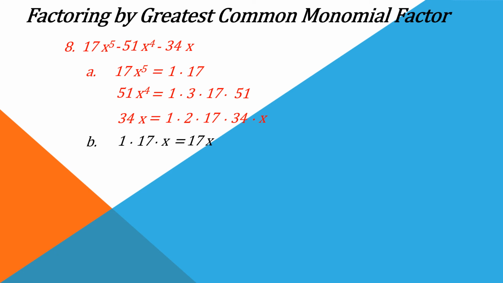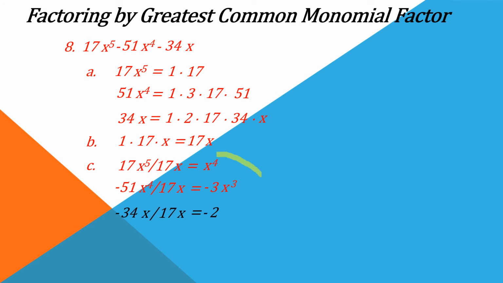And by this greatest common factor, we will divide each term in the polynomial. 17x to the fifth divided by 17x is equal to x to the fourth, and negative 51x to the fourth divided by 17x is equal to negative 3x cubed, and negative 34x divided by 17x is equal to negative 2.